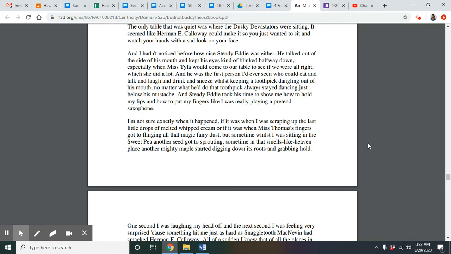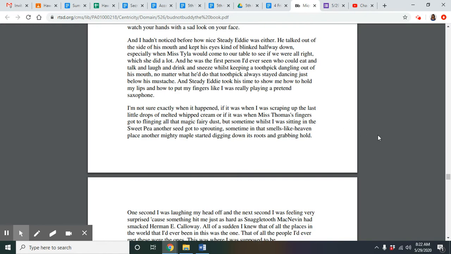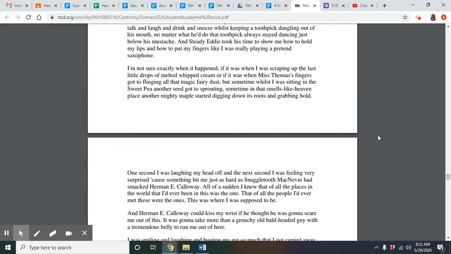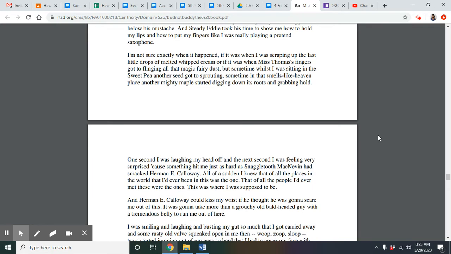I'm not sure when it happened, if it was when I was scraping up the last little drops of melted whipped cream, or if it was when Miss Thomas's fingers got to flinging all that magic fairy dust. But sometime whilst I was sitting in the sweet pea, another seed got to sprouting. Sometime in that smells like heaven place, another mighty maple started digging down its roots and grabbing hold.